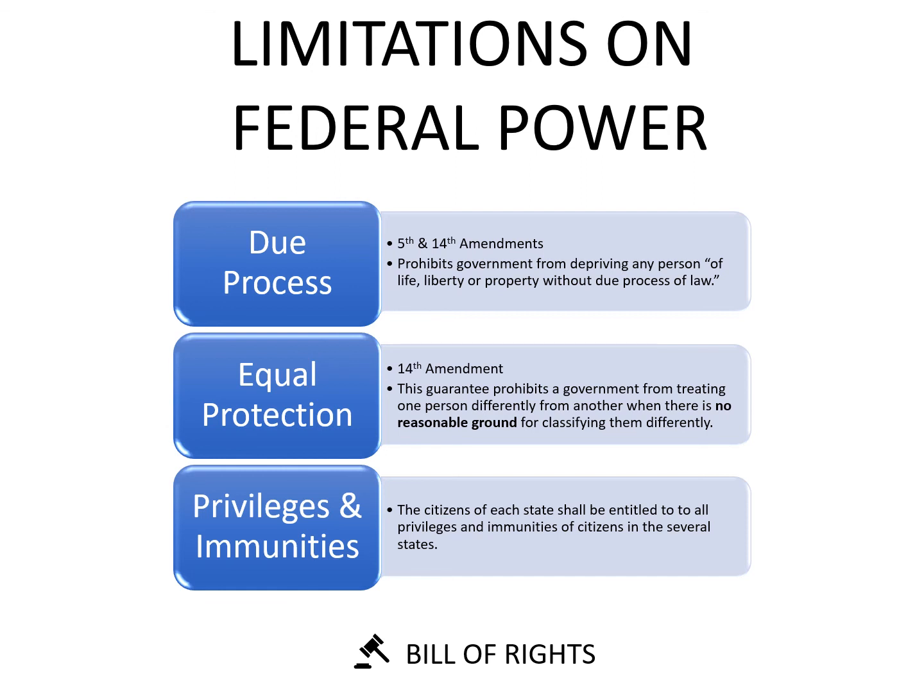Equal protection, made applicable to the states also. So this applies to both the federal government and the states. Equal protection. This guarantee prohibits the government from treating one person differently from another when there is no reasonable ground for classifying them differently. I want you to notice the caveat here. No reasonable ground.